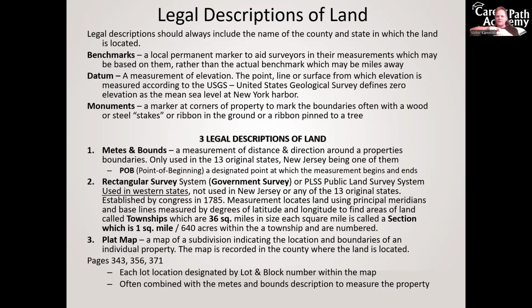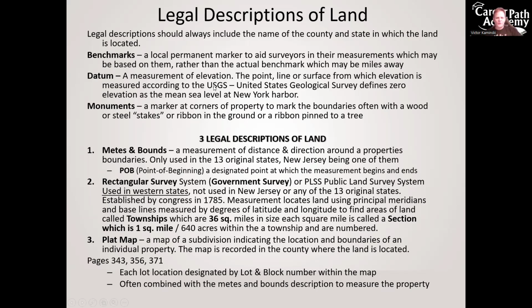So that surveyors in the future don't need to go measuring all the way from sea level in New York Harbor back here again. They just measure from this point to wherever the property is that they're measuring. So that's what they mean by the local permanent marker that aids surveyors in their measurements, rather than the actual datum, which could be miles away, at New York Harbor.